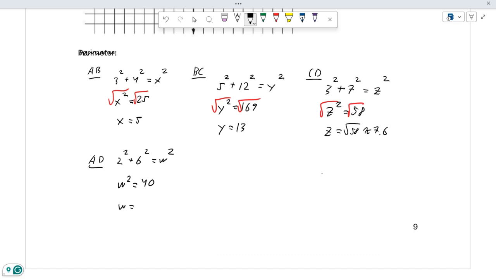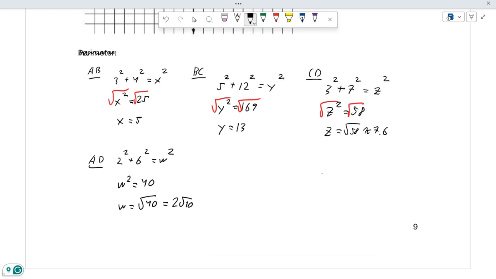Now, again, the square root of 40 is an irrational number. If you know how to simplify square roots, it turns out that this is 2 root 10. However, if your teacher is not requiring you to simplify square roots, then you can keep it as the square root of 40.